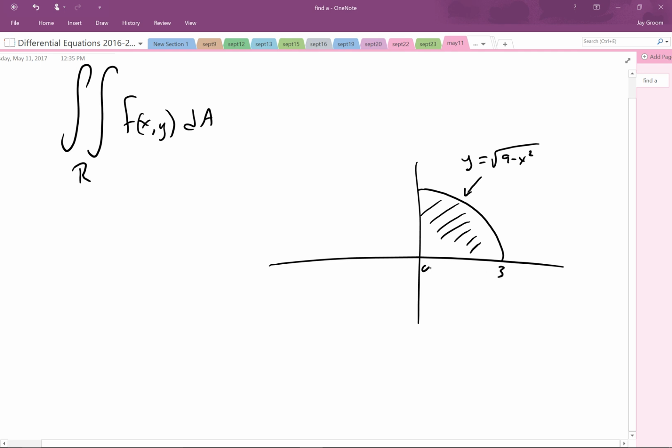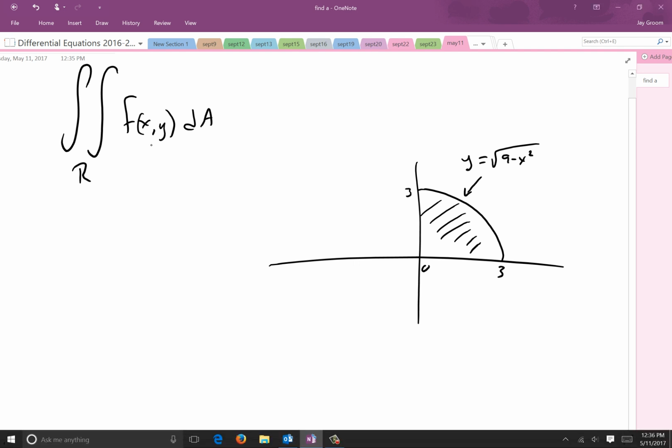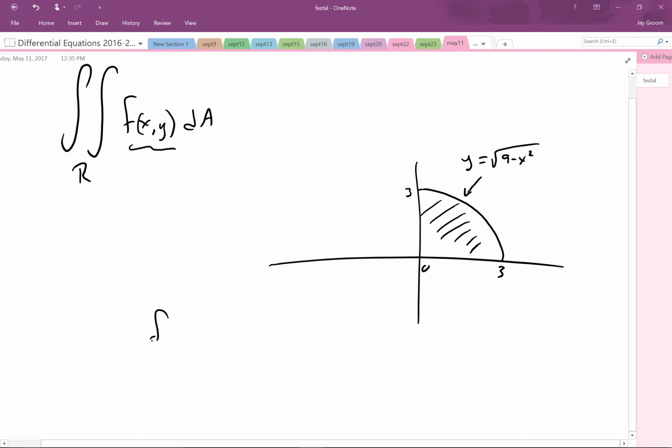And whatever this function is, and it's not important right now, you could integrate it dy from 0 to this function, and then dx from 0 to 3, and that would work.